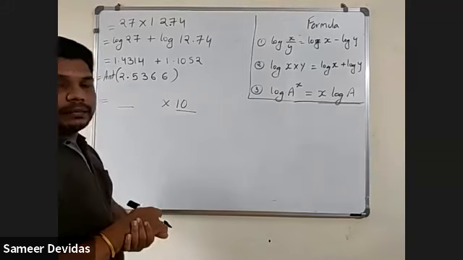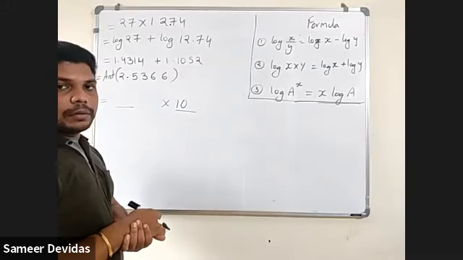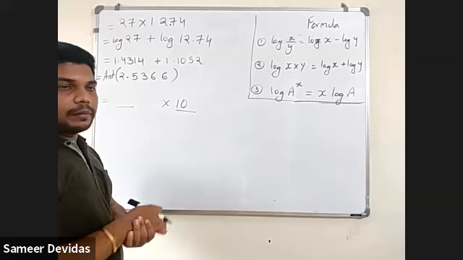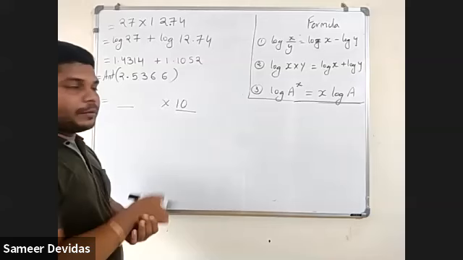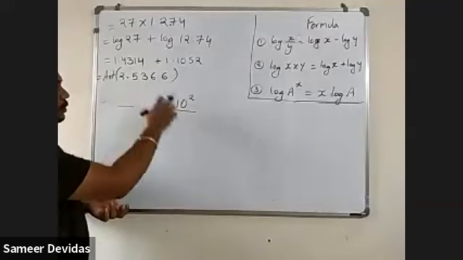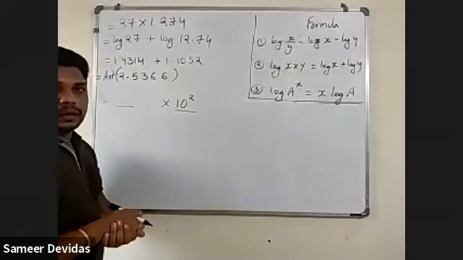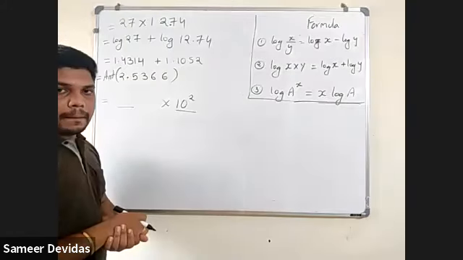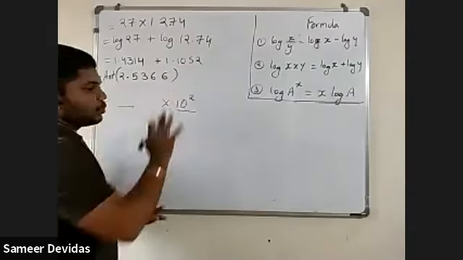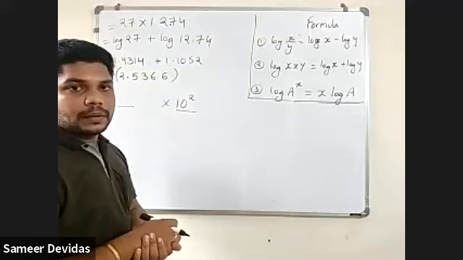The number before the decimal, which is 2 in this problem. If zero is there, you say 10 raised to 0. If -2 is there, you say 10 raised to -2.